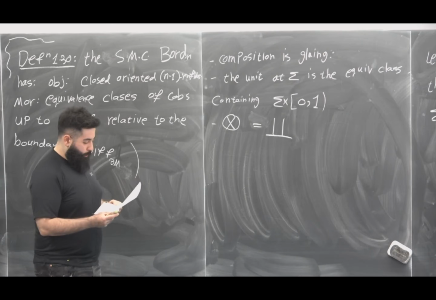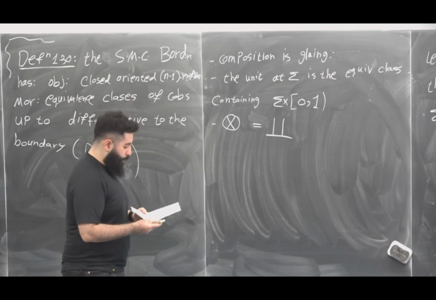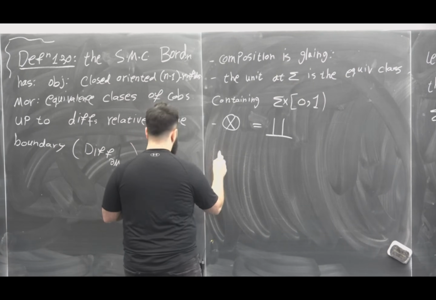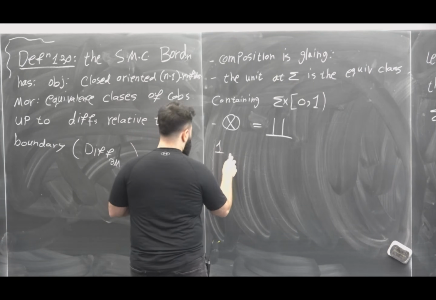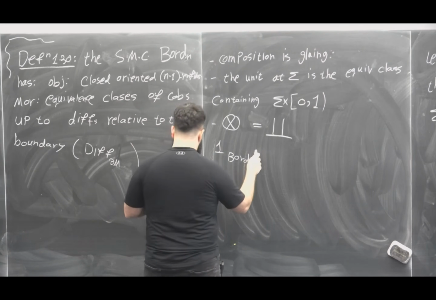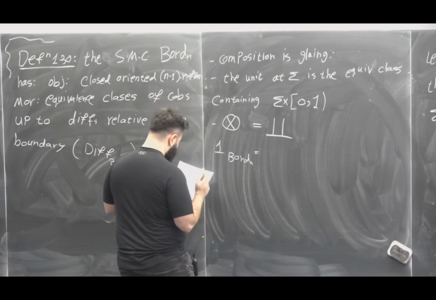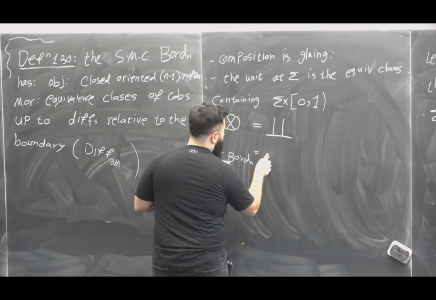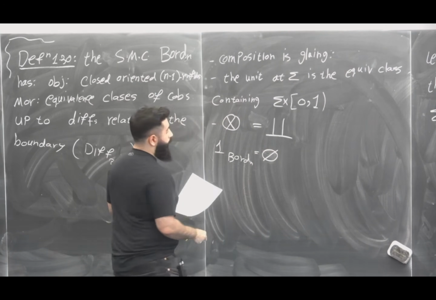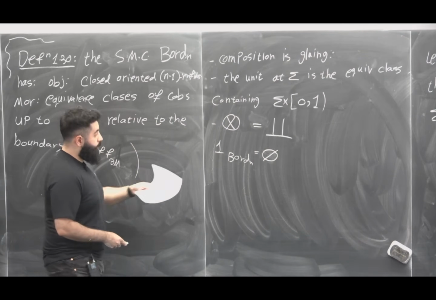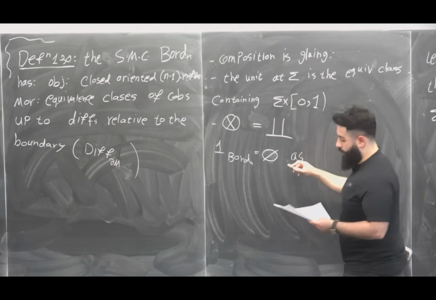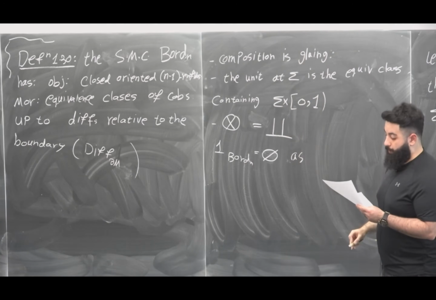And the unit in this category, the cobordism category Bord_n, is the empty set. My empty set in my notes looks like a phi, so I'll try to write it better here, as this is important, as an n-dimensional manifold.